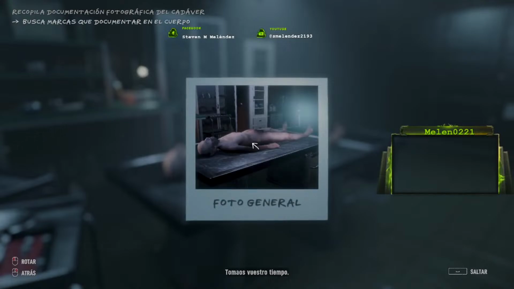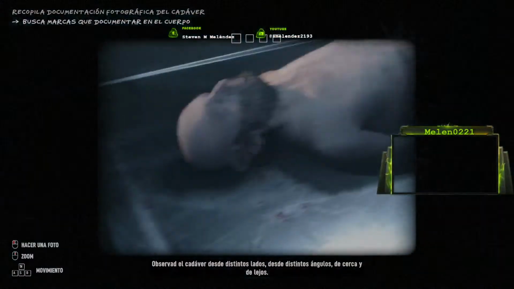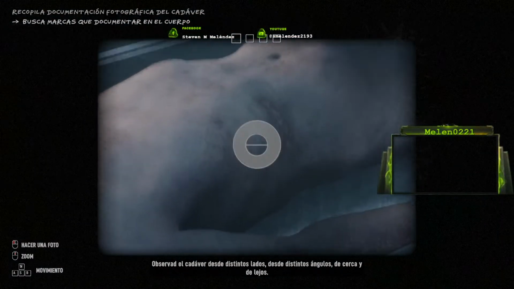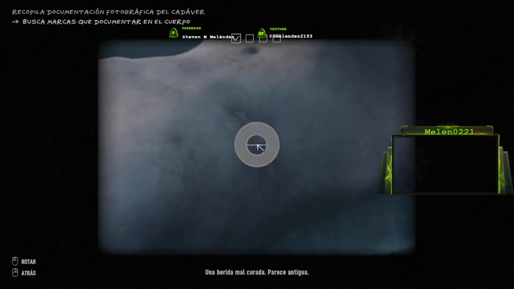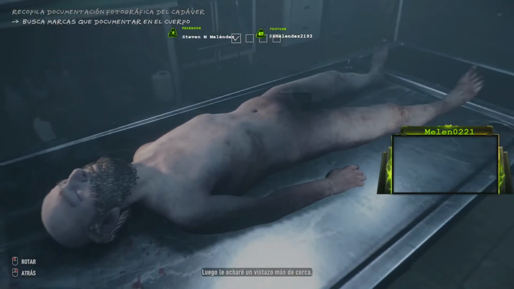Now we move on to the next step, looking for traces. Take your time. Look at the corpse from different sides, from different angles, up close, and from a distance. You're looking for anything out of the ordinary. Poorly healed wound. Looks old. I'll take a closer look later.